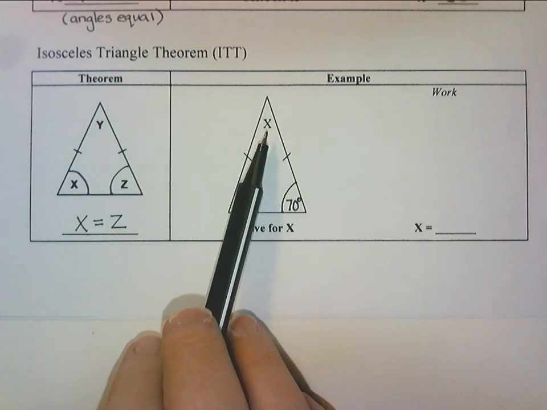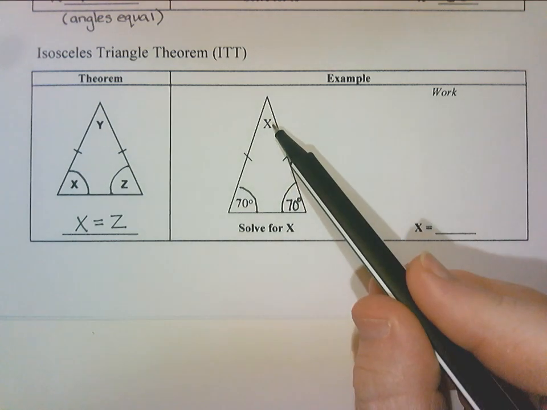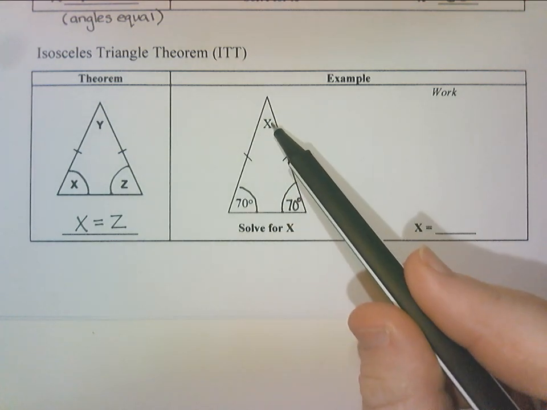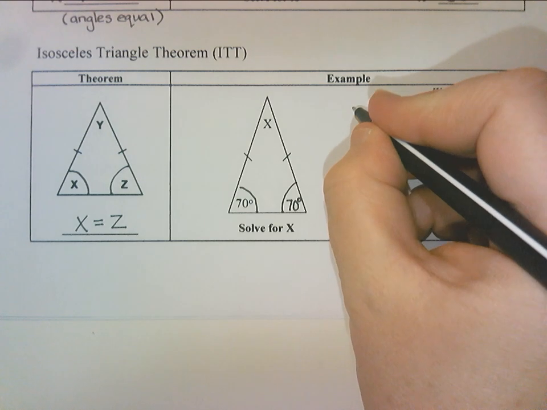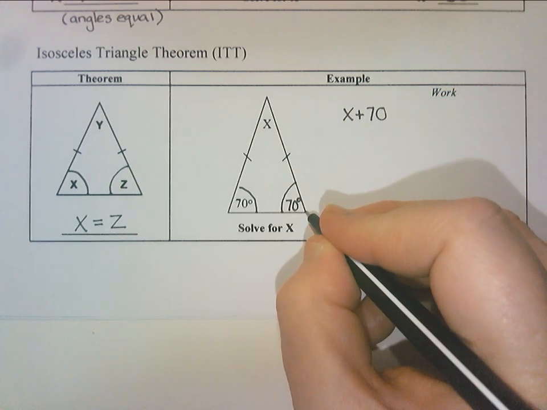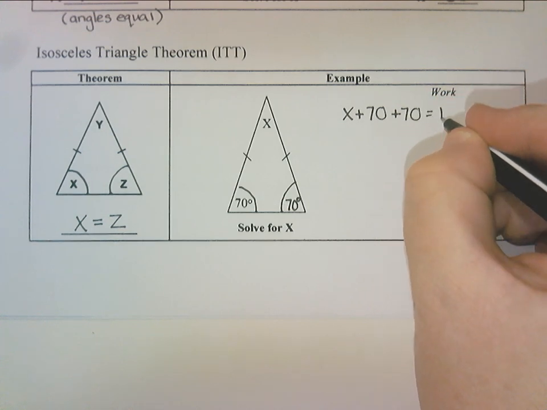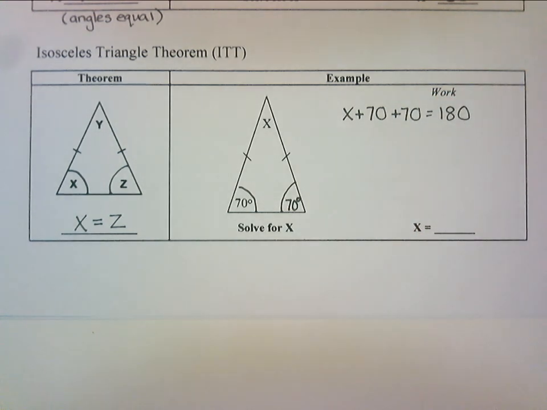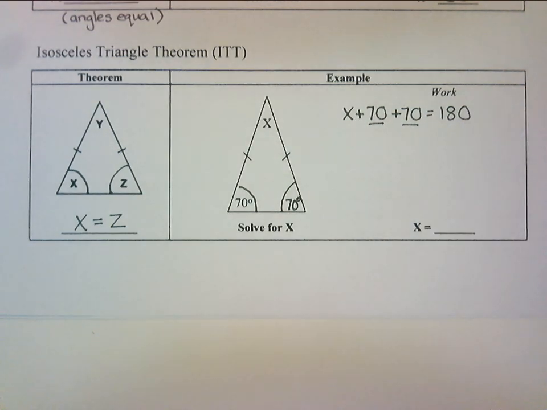Now, in order to find angle X, I actually need to combine this with our very first theorem, SATT, that says that if you add all the angles in a triangle together, it equals 180 degrees. So if I take X and I add 70 and then the other 70, I get 180 degrees. I would collect like terms to start.